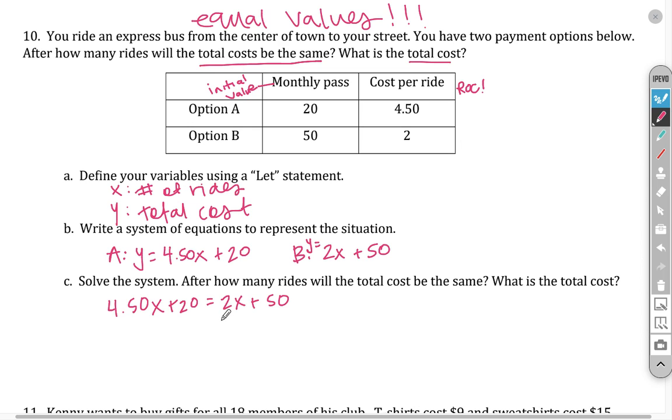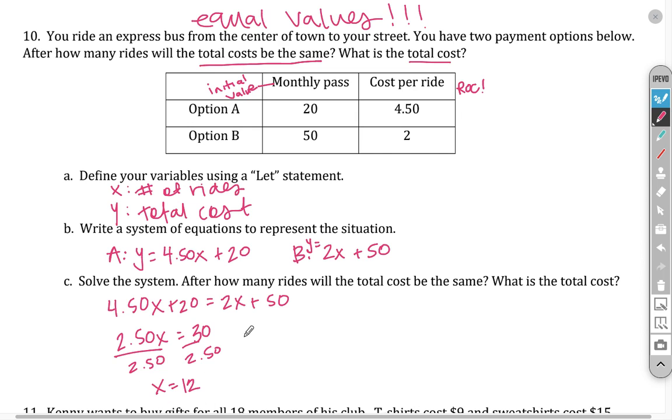So we're going to subtract 2x. So 4.50x minus 2x is going to give us 2.50x. Then we're going to subtract 20. So 50 minus 20 is going to give us 30. All right, then we're going to divide by 2.50. 30 divided by 2.5 is going to give us x equals 12.